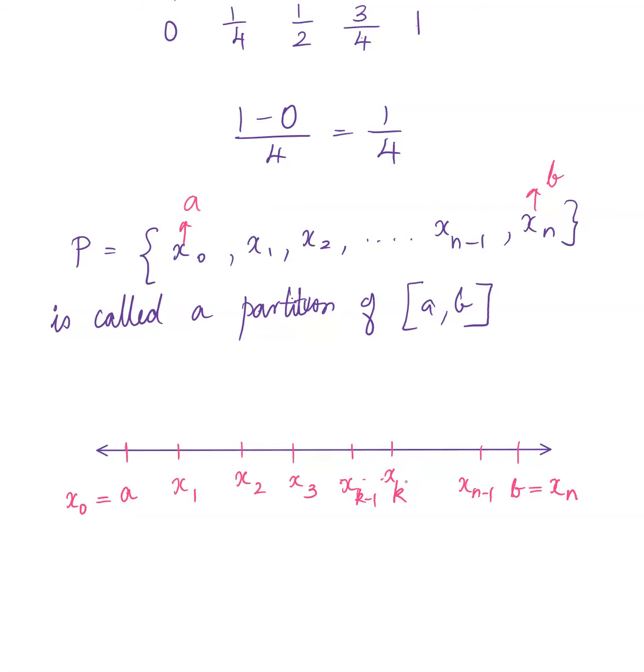A kth interval would be some arbitrary interval, right? So we're not looking at the first or the third, we can look at any kth interval. This whole thing, A to B, is called the interval, so let me call this the kth subinterval.